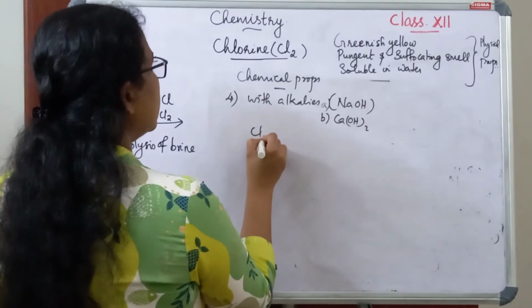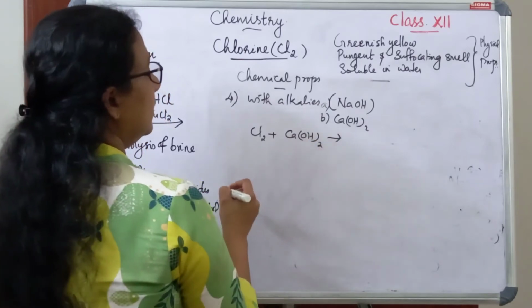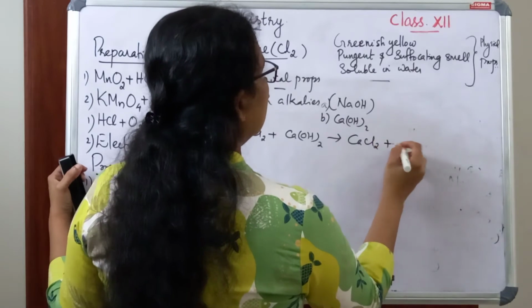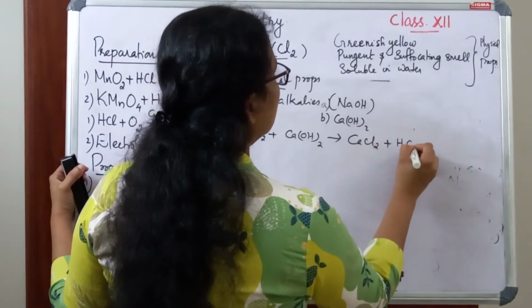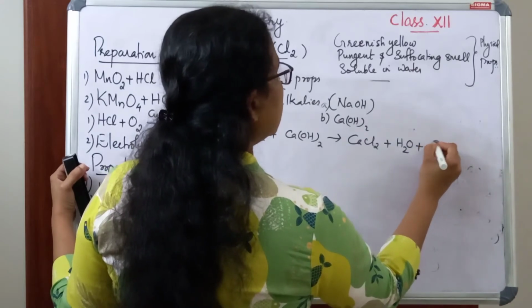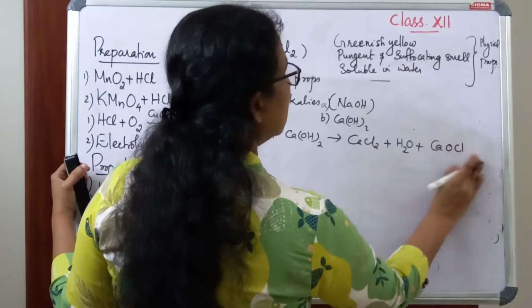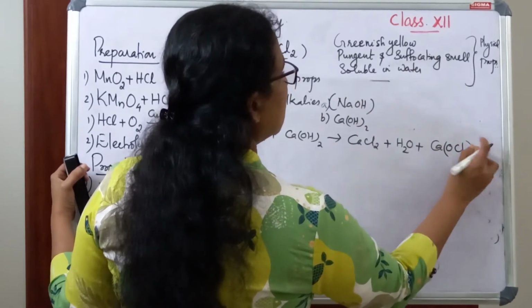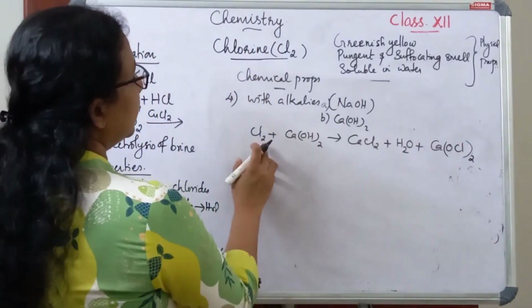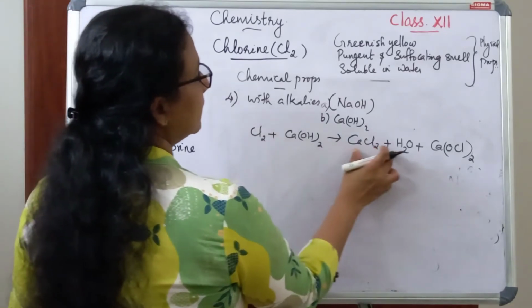So when chlorine is passed through Ca(OH)2, slaked lime, it produces CaCl2 plus H2O plus CaOCl2. So these are the products. Here, chlorine on passing through slaked lime produced these compounds.